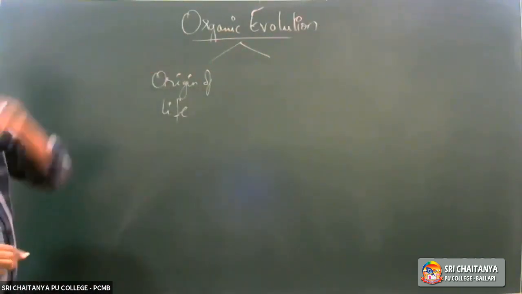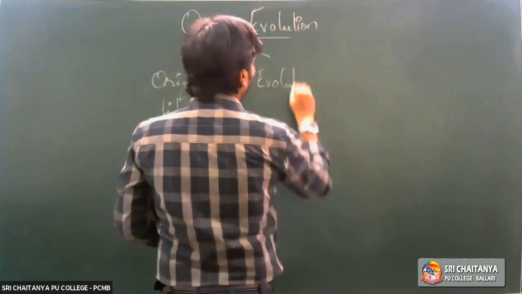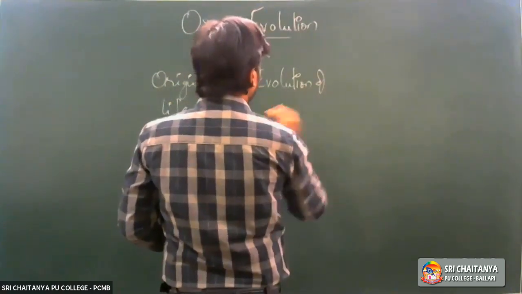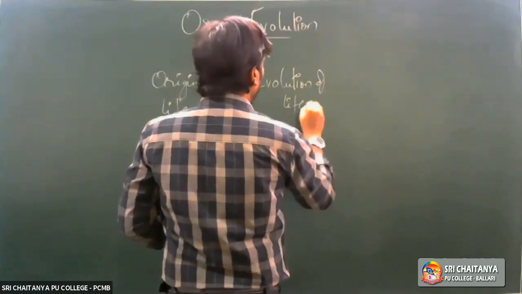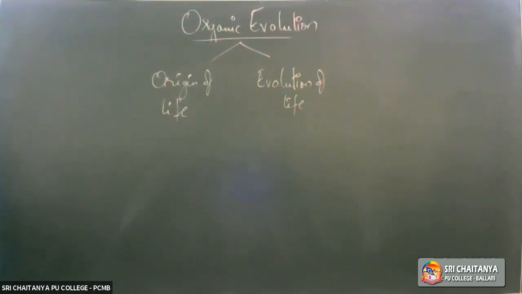The second part we'll be studying is evolution of life. So the first part we'll be taking up is the origin of life, and the second part is the evolution of life.